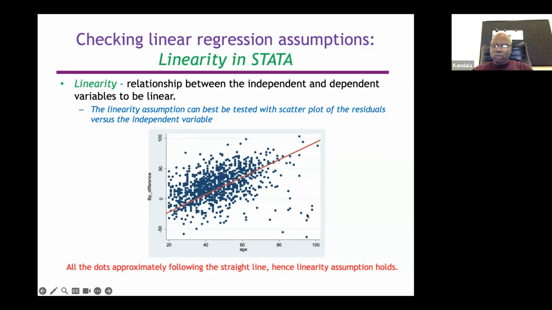Although we have some departure from here, as I mentioned at the very beginning, regression is to do with summaries. The estimation is to do with summaries, with generalization. So we can safely assume here that most of the points concentrate on a straight line and ignore those that are far apart.